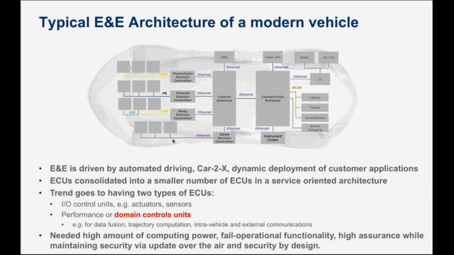Of course, also you want to consolidate smaller ECUs to start to reduce the number of hardware you actually have to put into the car. And so we typically see two different types today. The smaller, low-performance I/O control units, usually responsible for certain sensors or actuators around the car, that then are connected to higher performance, so-called domain controllers, that then do some more of the heavyweight lifting and calculations, such as data fusion and trajectory computations and other things.